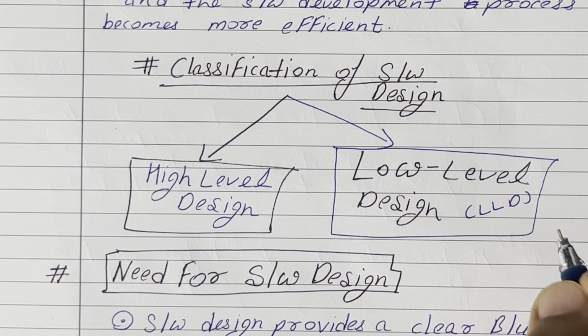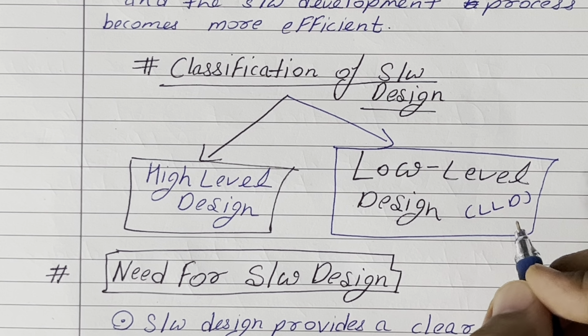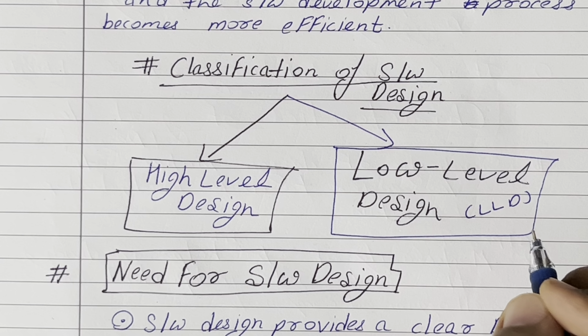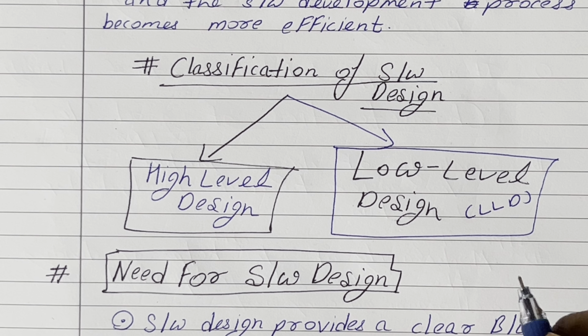And in large software projects, guys, which involve multiple developers, low level design ensures that every programmer follows the same implementation strategy. This maintains consistency throughout the software system, and it also reduces the possibility of misunderstanding or incompatible code.